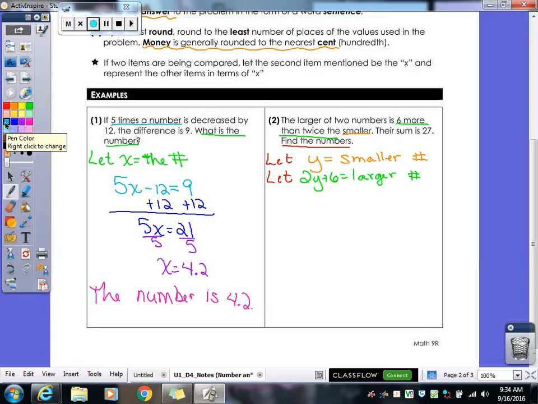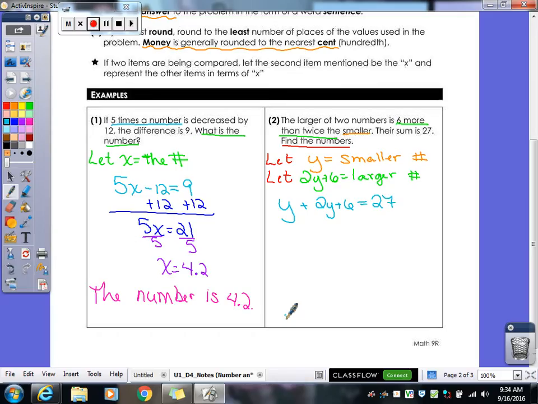For our equation, they told us their sum is 27. Sum means we do what? Add them. So my smaller, which is y, plus my larger, which is 2y plus 6, equals 27.